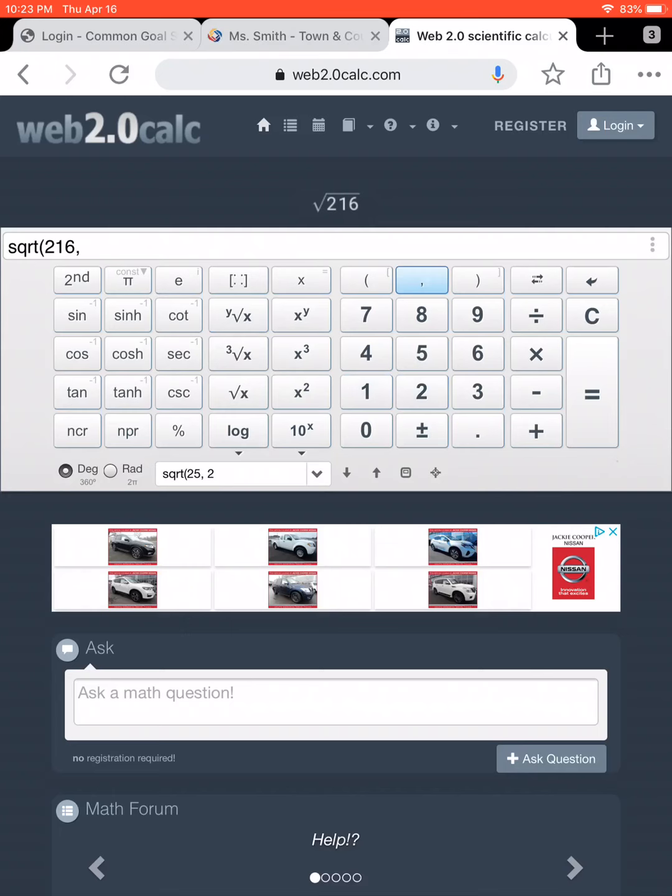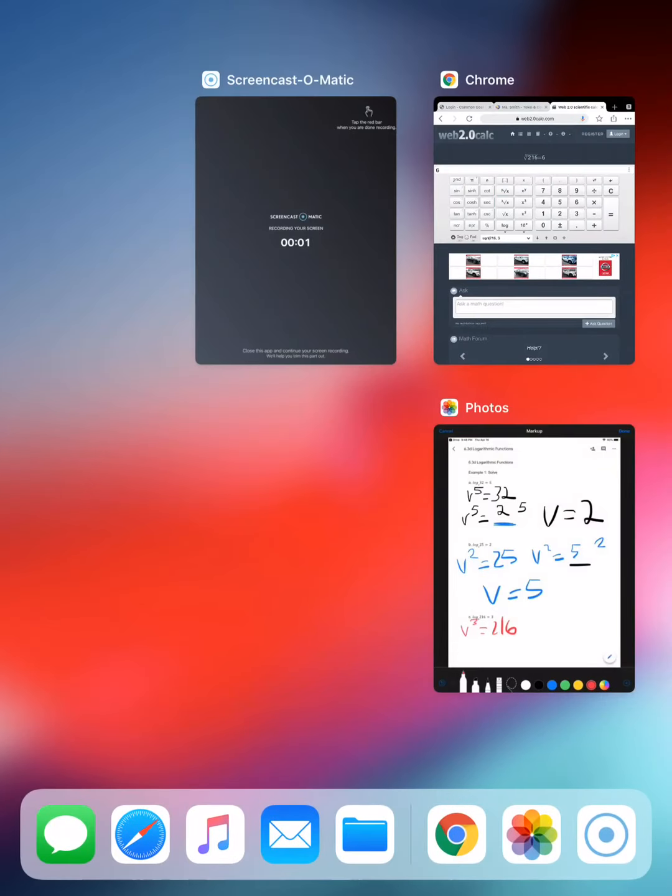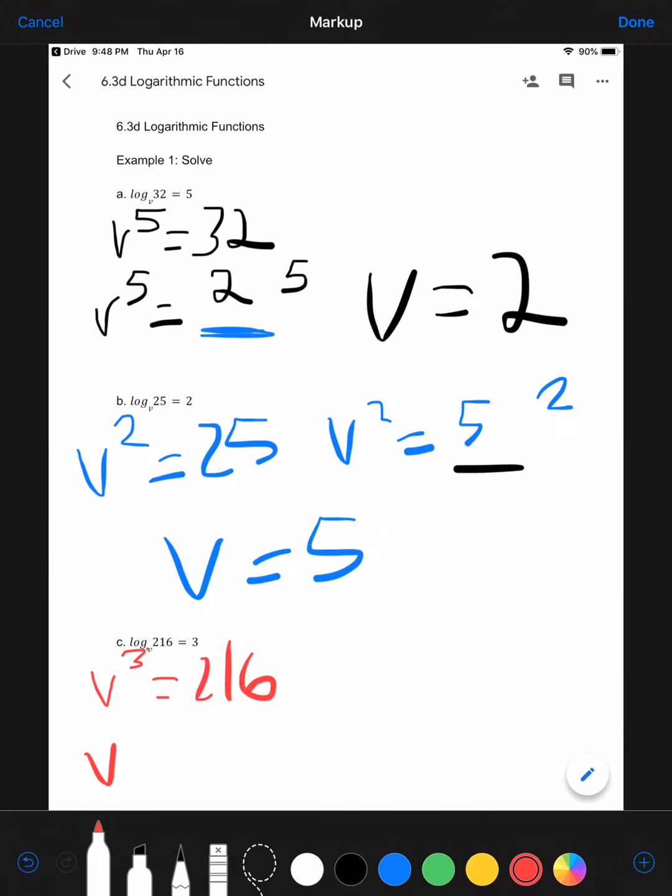What was our small number? 3. Hit enter. We get 6, so v to the 3rd is equal to some number, which in this case is 6, to the 3rd, so v is equal to 6.